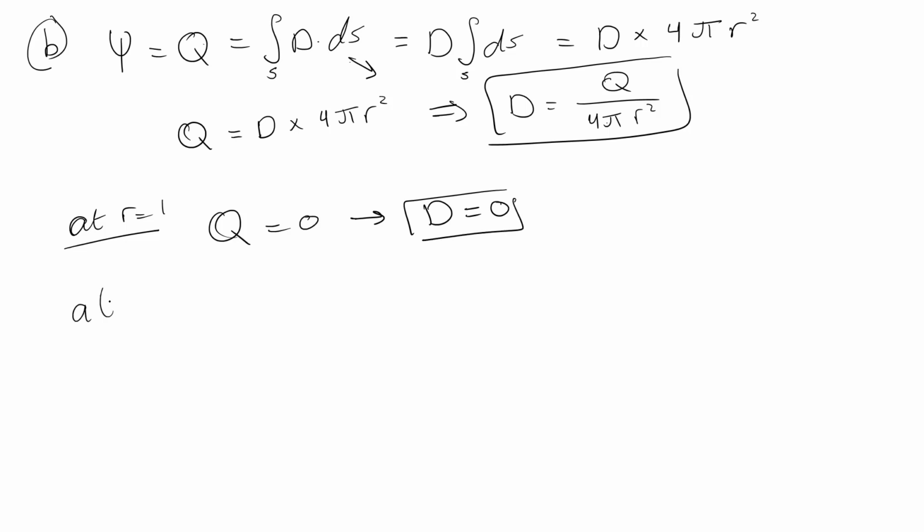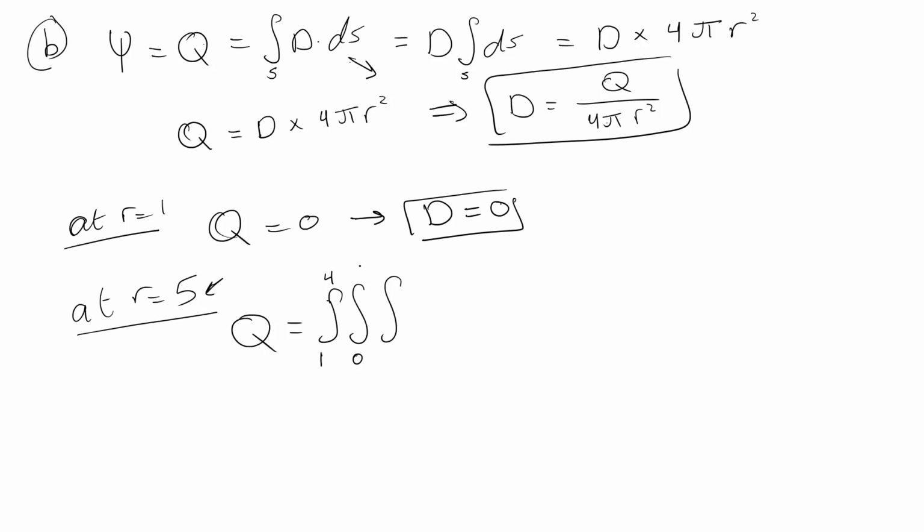Now at r equal 5, our Q equals to the triple integration from 0. Now for r, we said it starts from 1 till 4, and since the r requested here is greater than 4, our limit integration will be from 1 to 4 only.